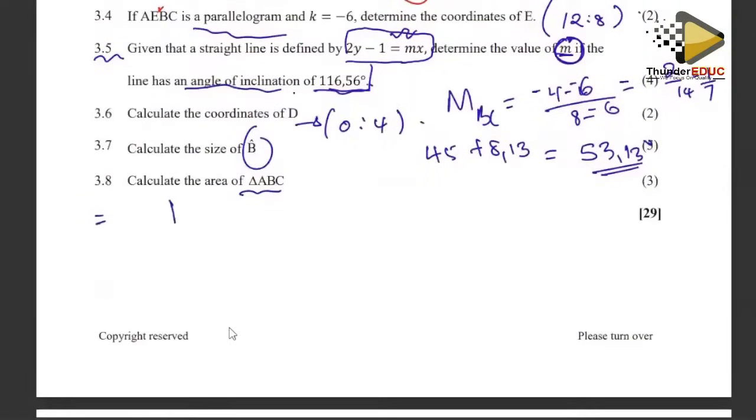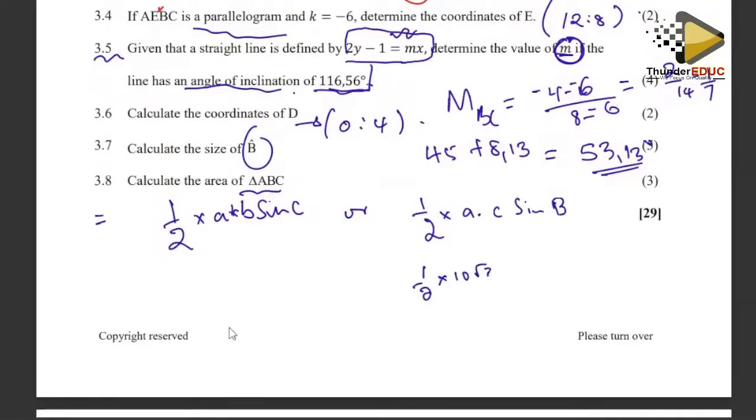So we know that the area of a triangle will be given as a half ab sine C. But now since we have angle B, it's just going to be a half times a times c, the sine of B. So that's a half times 10√2 times 10√2, the sine of 53,13. So I'm just using the angle that I got, okay? So if ever you get a different angle, just use the same steps and use that same angle that you got.